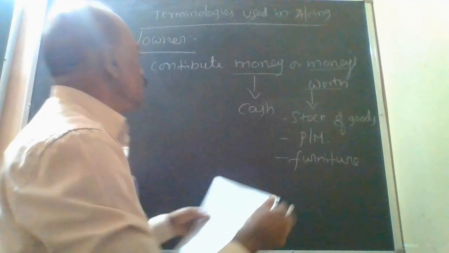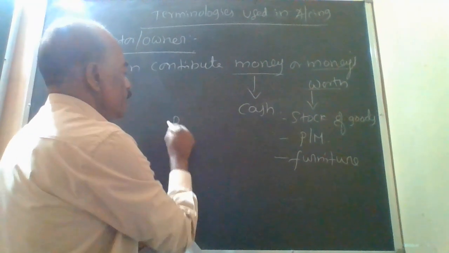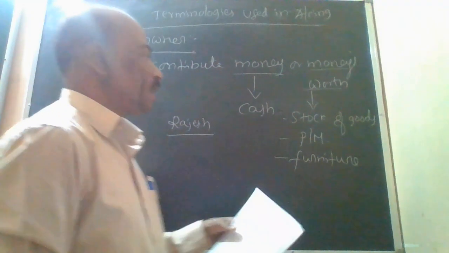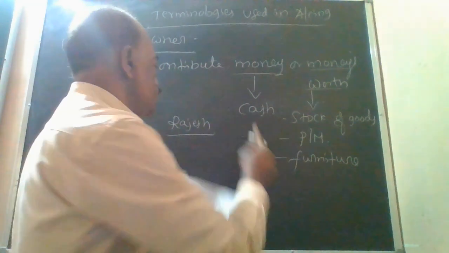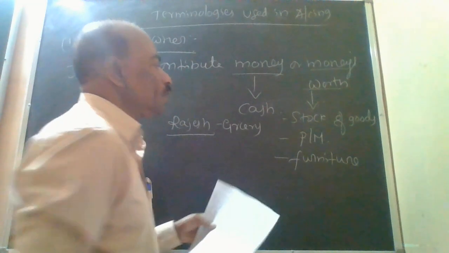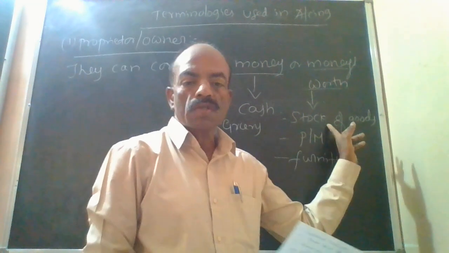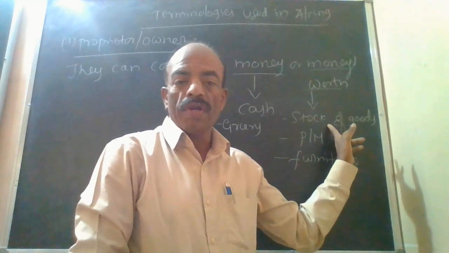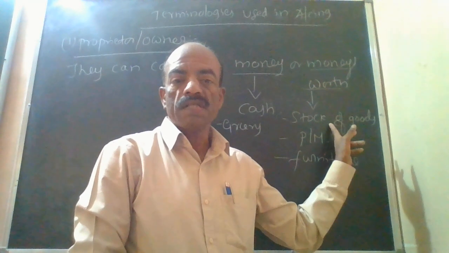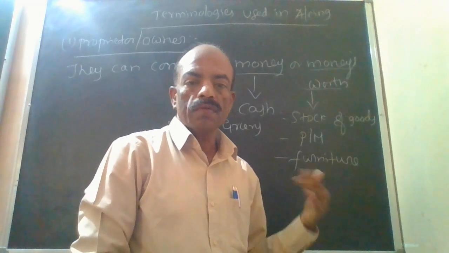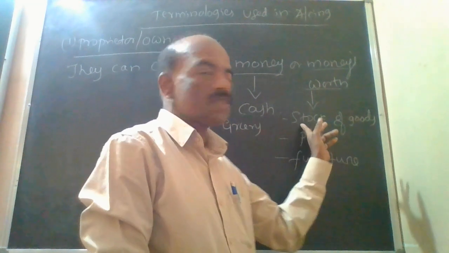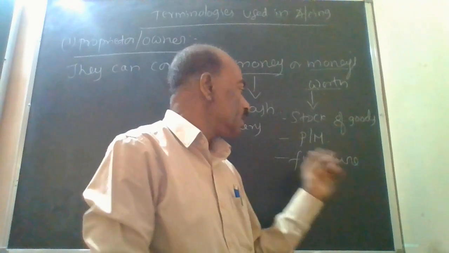For example, Rajesh is a proprietor who is going to start his own business, a provision shop. He is going to do the grocery business, so he requires the stock of goods. Provision items he is going to bring: rice, tur dal, oil, cereal items. That is called stock of goods.